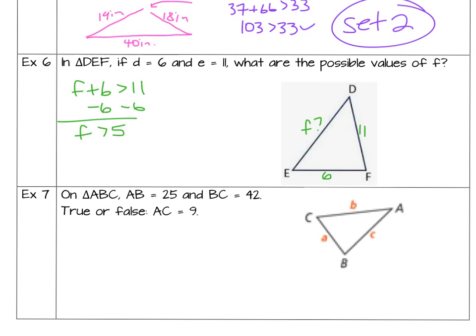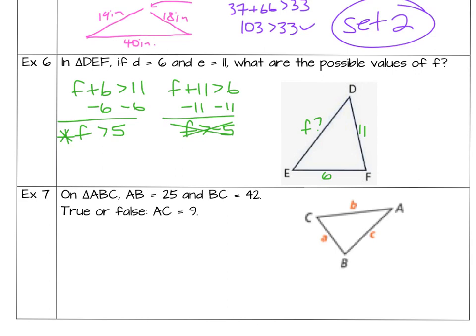Let's see, what else do we know? f plus 11 has to be greater than 6, but watch what happens here. We get f is greater than -5. Well, we can't have a negative side length, and if it's greater than -5, the 5 right here would take care of that. So this one doesn't really help us in our final answer.